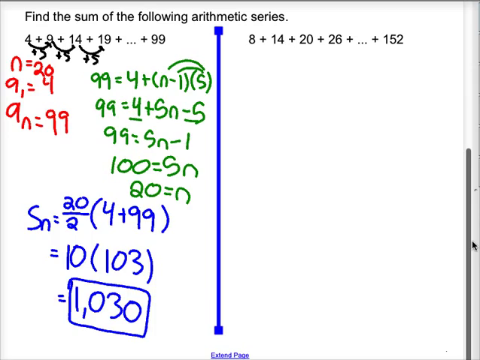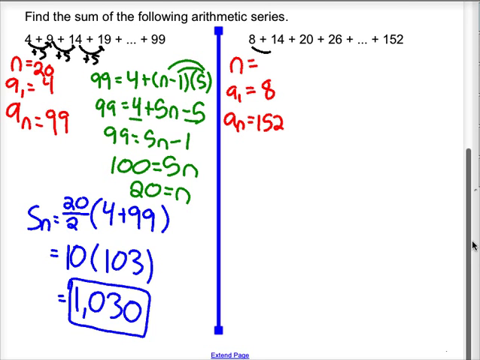All right, let's take a look at this next one. Again, these are the 3 things I need to be able to plug into my summation formula to actually find the sum. I know my first term and I know my last term, but I don't know n. Whenever I'm missing information, my go-to place is my explicit formula.